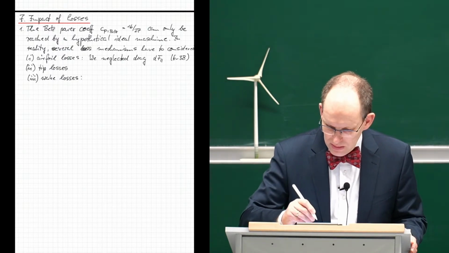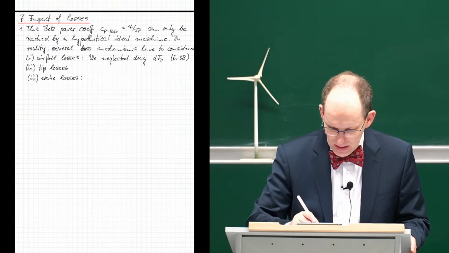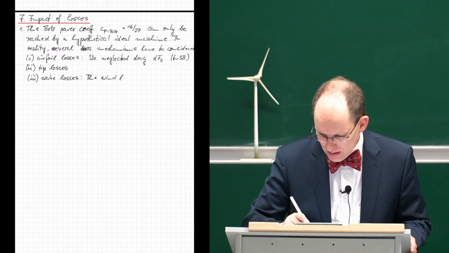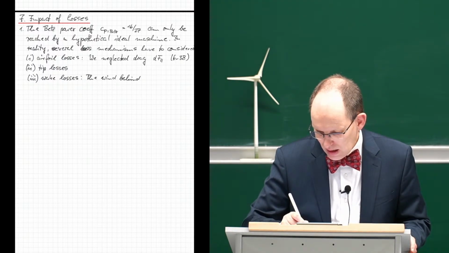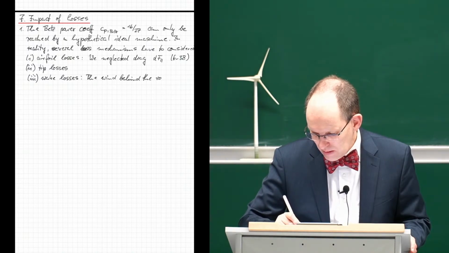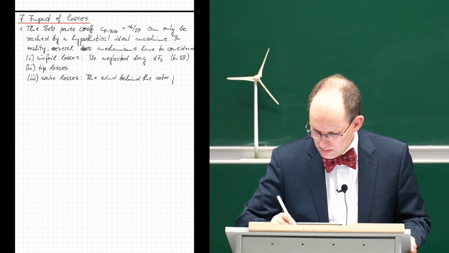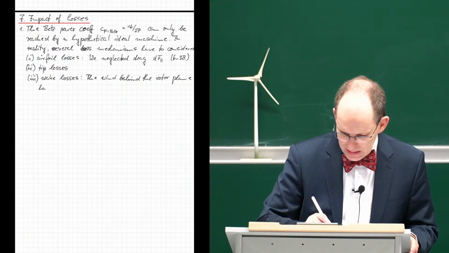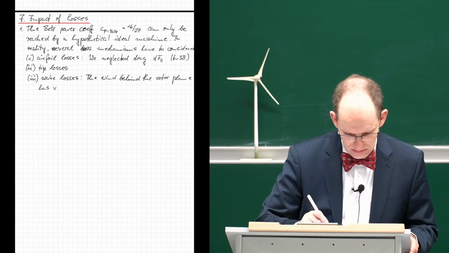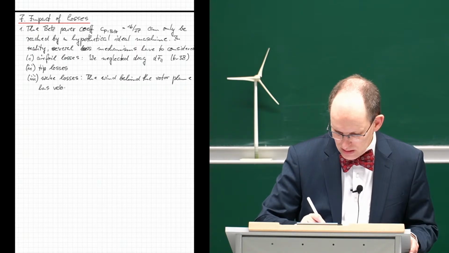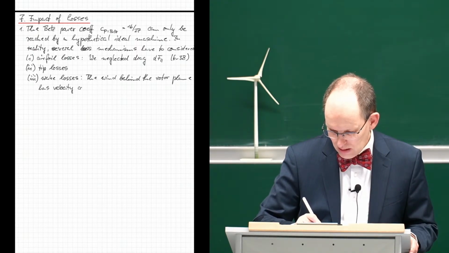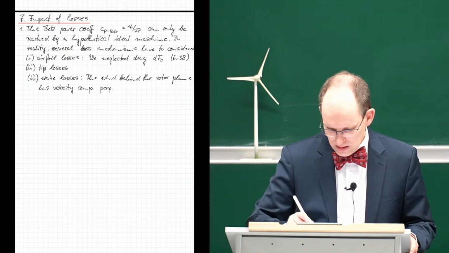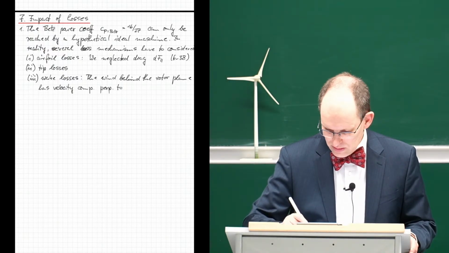Let's quickly write it down. The wind behind the rotor plane has velocity components perpendicular to the inflowing air.